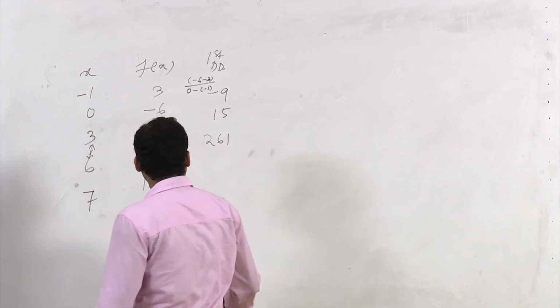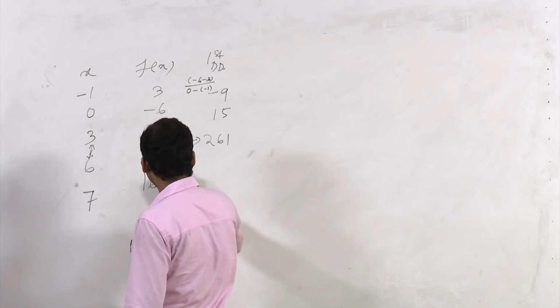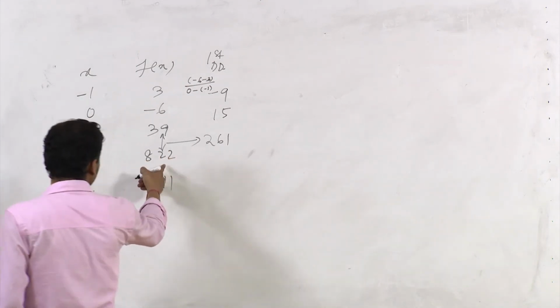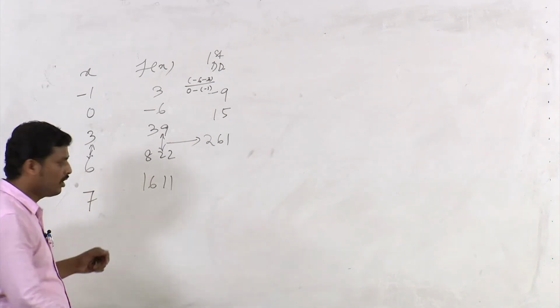Similarly, taking 1611 minus 822 divided by 7 minus 6, I obtain the value 789.